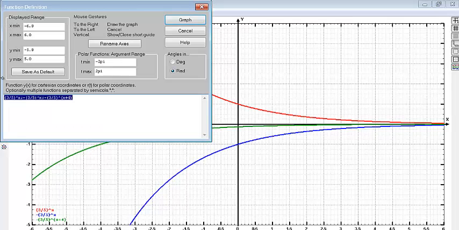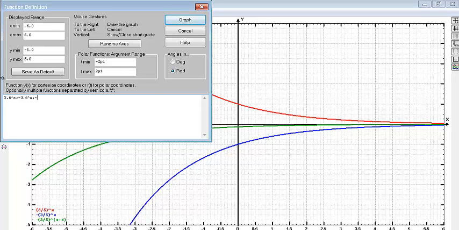And the base is greater than 1, so it's going to have the form we talked about earlier. So let's just do 3.6 to the x. We'll do negative 3.6 to the x.